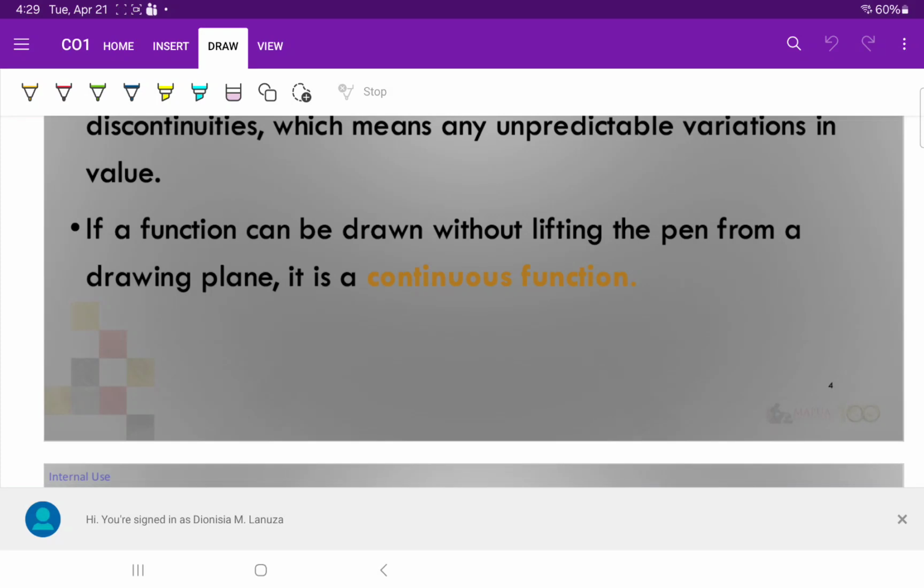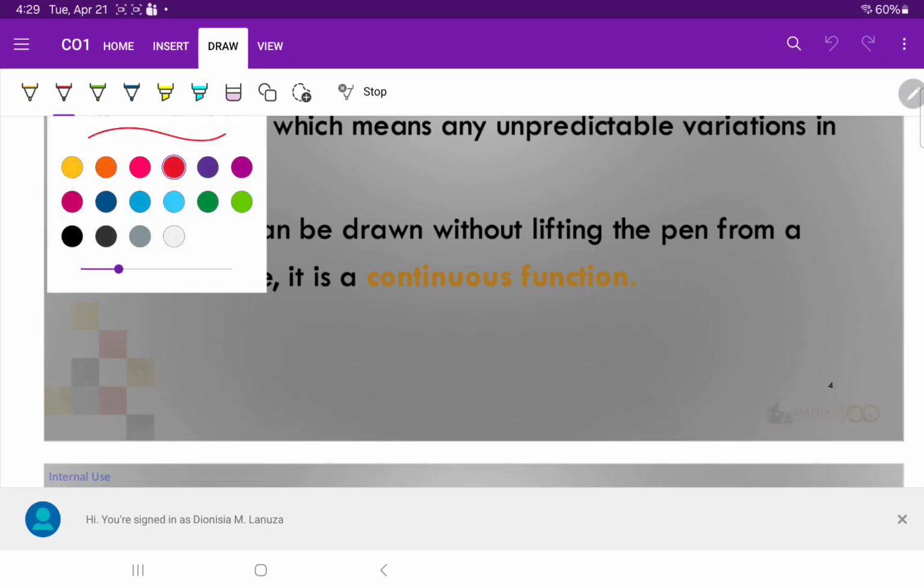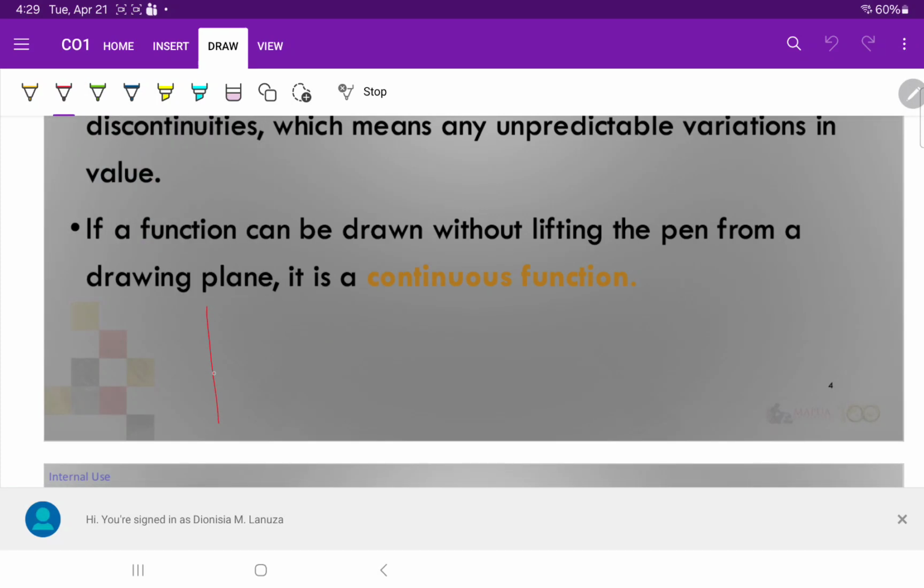So an example for this one is, say, if we draw the graph of the function and we draw it this way. See that when I draw the graph, I did not lift the pen. But say we have the example that we did earlier, the graph of 1 over x.